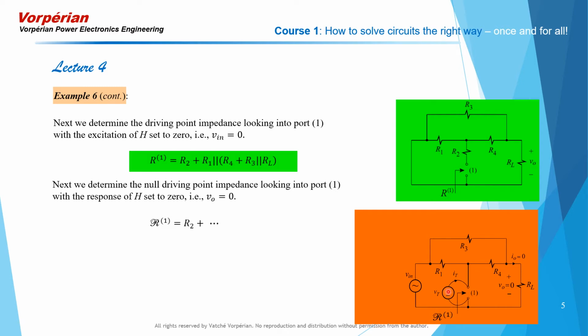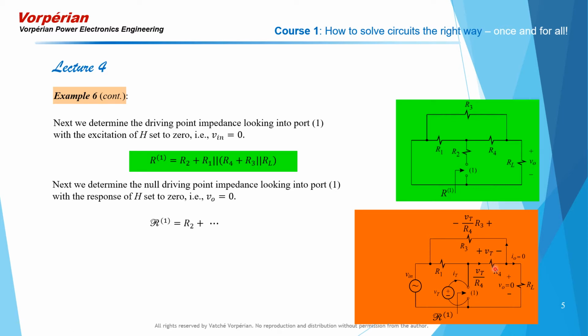Now Vt appears directly across R4 because V0 has been nulled. And that means that the current through R4 is Vt over R4, which when it reaches this junction here, turns around and flows through R3 and creates a voltage drop across R3 given by Vt over R4 times R3.